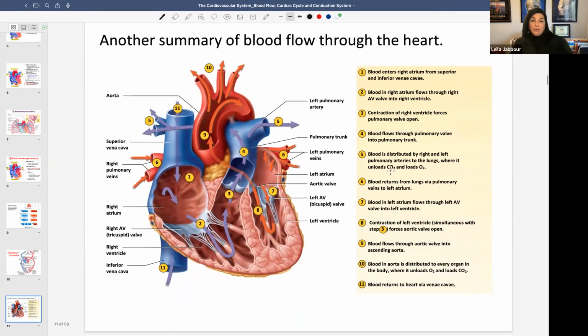All right, and if you're like me, you like the diagrams more than an actual box of text. This is the diagram to go with the blood flow through the heart. And I basically verbally described it already. So let's make sure I didn't forget anything.